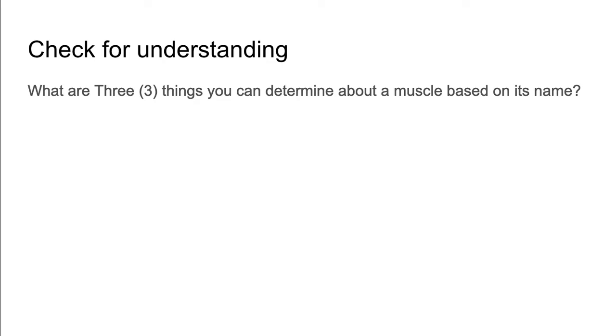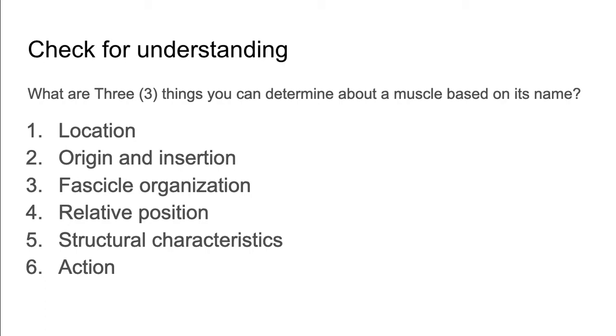So go ahead and pause the video. Okay, let's see what the answer is. Again, there were 6. We could have given any of these 3: location, origin and insertion, fascicle organization, relative position, structural characteristics, and action.